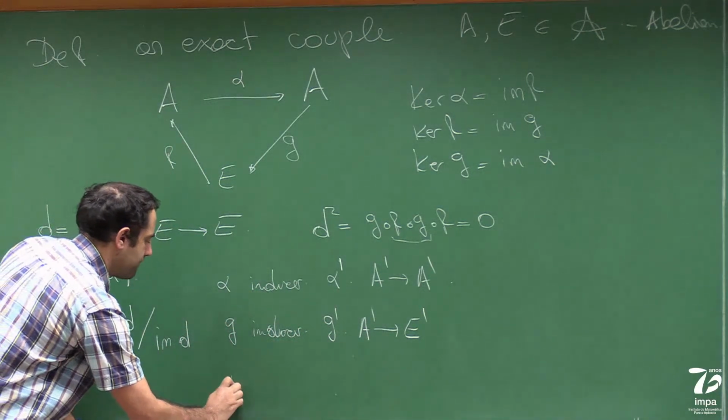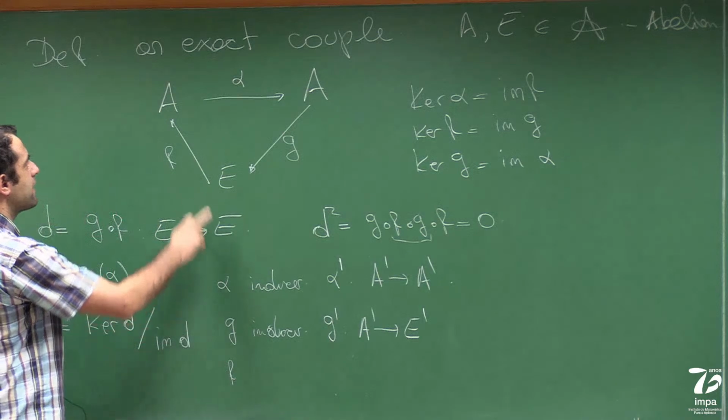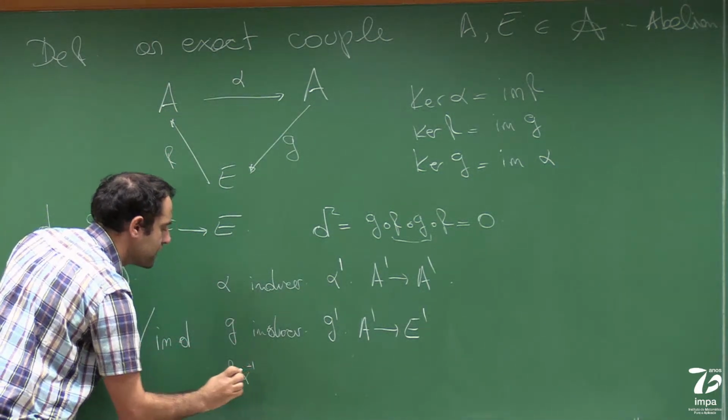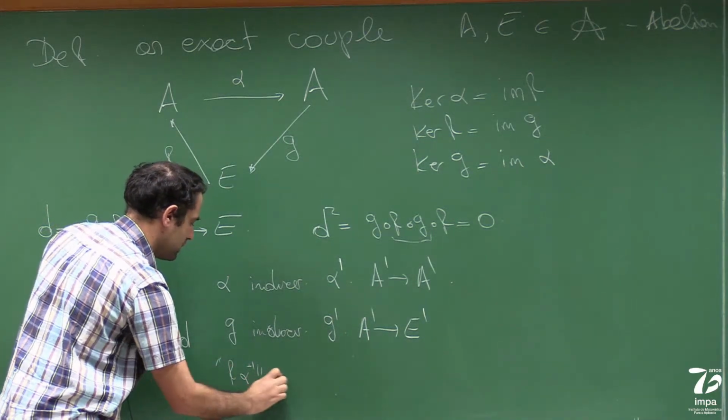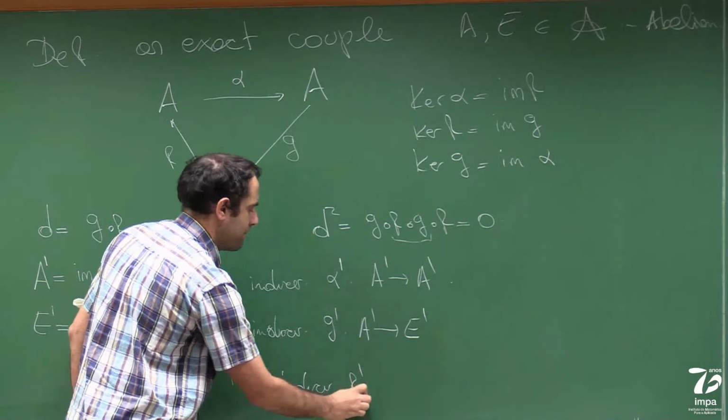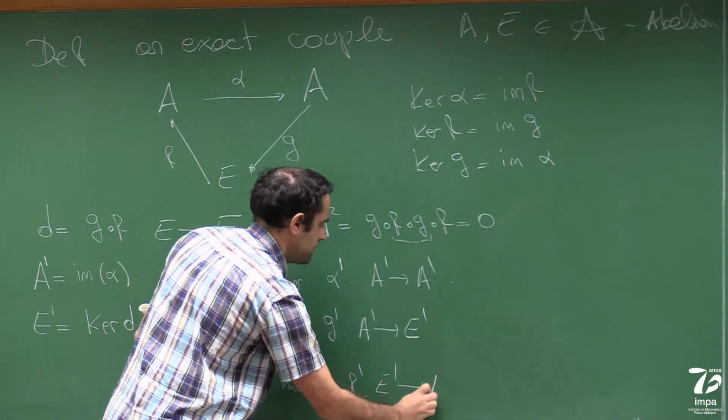And F, well, but not really F. I only needed F defined on the preimage of alpha. So F on alpha inverse induces an F prime from E prime to A prime.